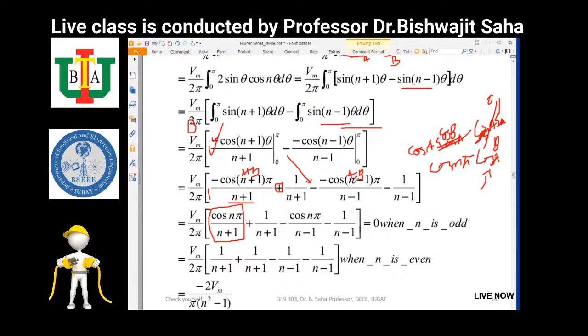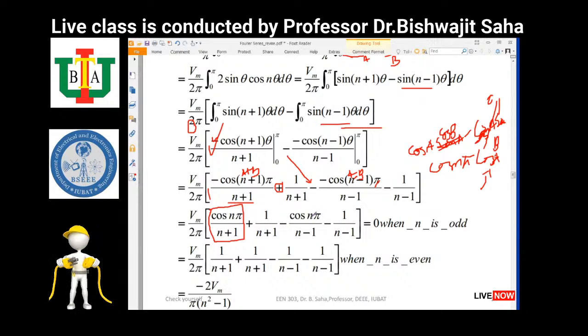The cos (n minus 1) formula is cos A cos B plus sine A sine B. That sine term comes 0 again because of pi. So it keeps itself cos n pi. You can do it yourself. So it becomes 0 when n equals odd numbers.